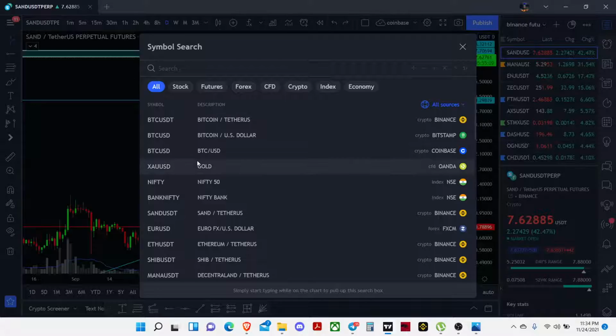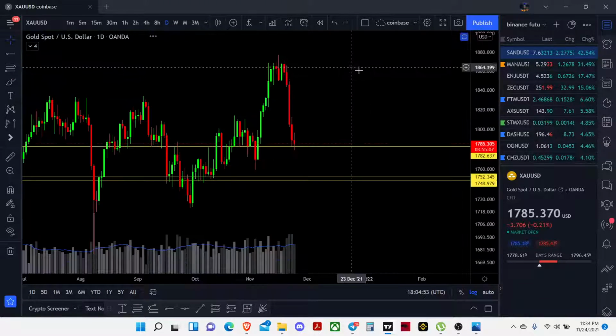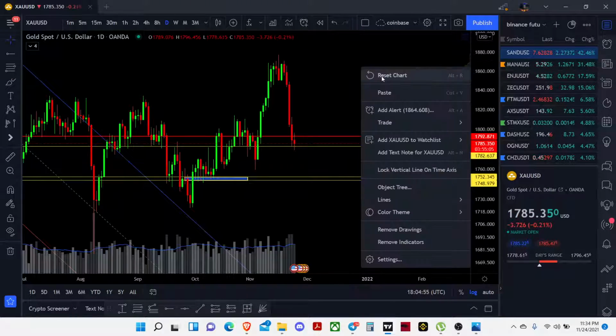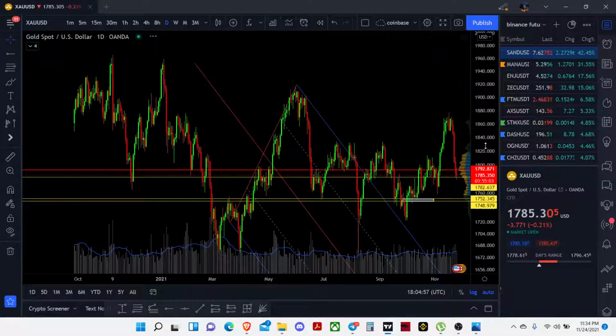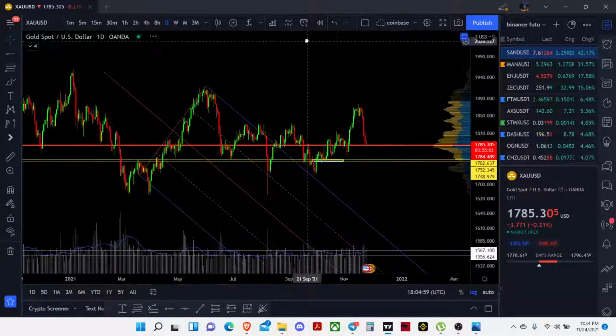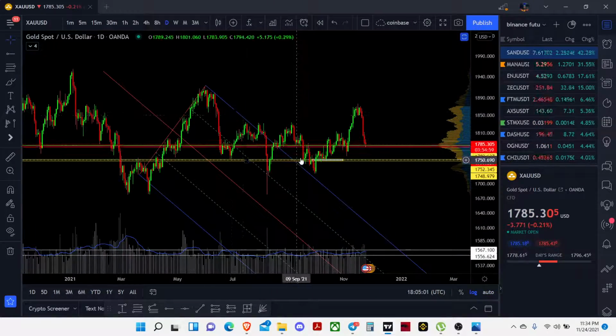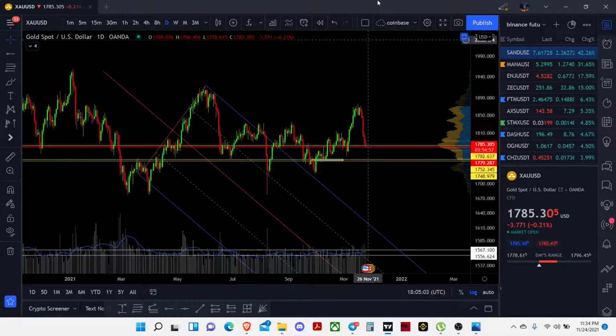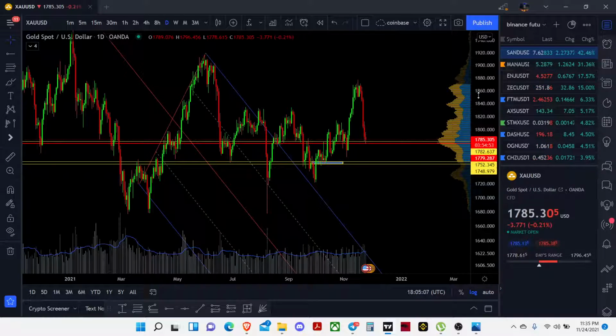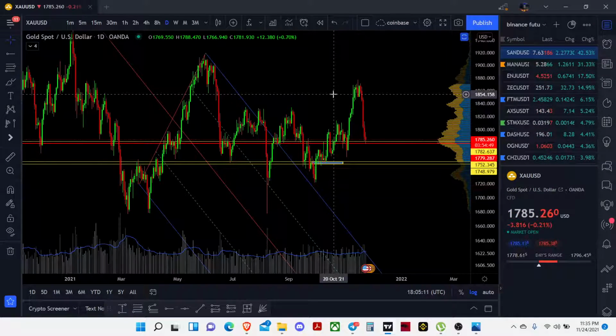Let's have a little bit look at the gold. Yeah, it's been a lot of time since I actually made any major look into the traditional markets like the gold, S&P 500. So actually this is one of the few times that I'm seeing every single thing coming in the same direction at the same time.